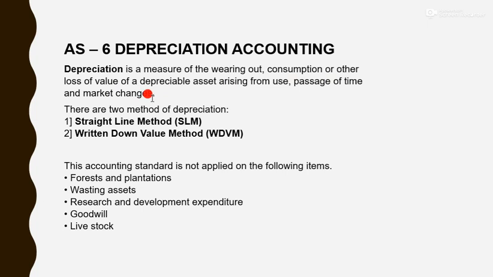As per accounting standard, we need to calculate depreciation under two methods. One is the straight line method, second is the written down value method. There are other methods as well, such as the annuity method, but as per accounting standard 6, it is prescribed only for the corporate sector to calculate its fixed assets under two methods.